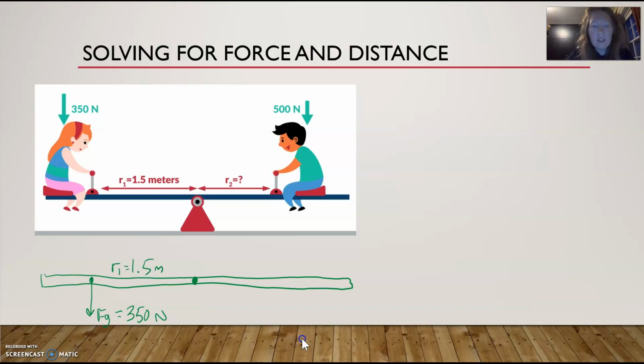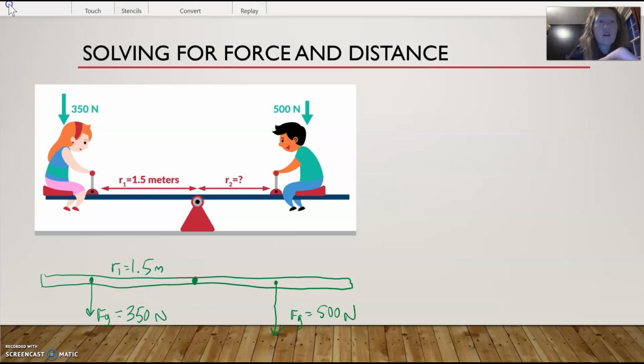We have the boy sitting closer, and so if I draw this one, I would try to draw that to scale, maybe at 500. We would have, let's say, the weight of the beam itself, right?